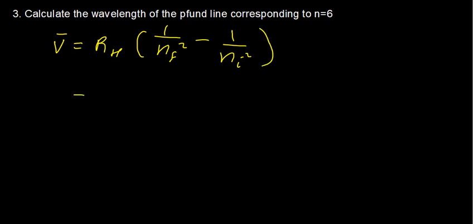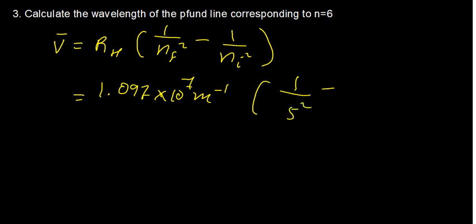So the Rydberg constant we use here is 1.097 times 10 to the power 7 per meter. All right. And then 1 over the final energy state, because we're talking about the p-fund, that is 5, squared, minus the initial, it came from the 6th energy level, squared.